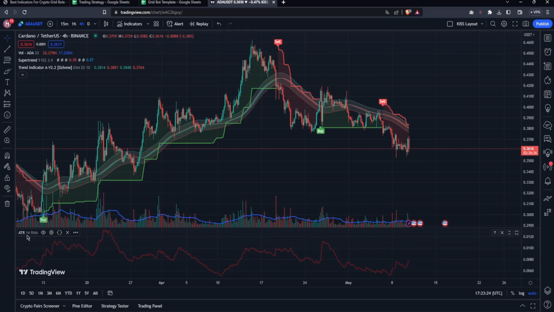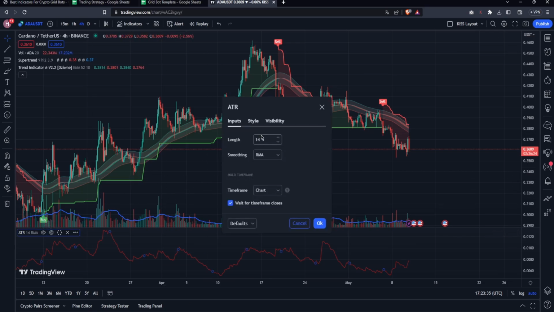And as you can currently see, this is an ATR of 14 using RMA. But basically, if you want to see the ATR for a longer time frame, you can go to the settings and then change the length right here from 14 to 20 or 30 if you want the ATR to consider a longer time frame. I'm going to keep with the default value, which is 14.